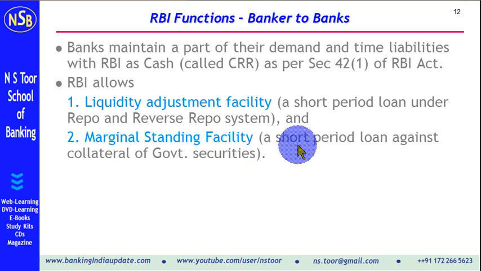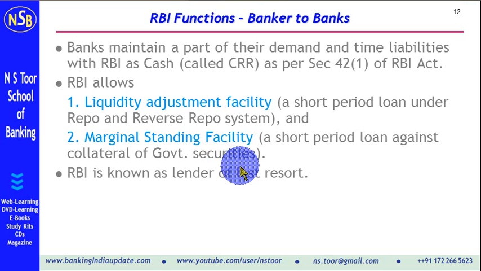So this also is a short period loan which is allowed by RBI to commercial banks against collateral of government securities. In this way, RBI is also known as lender of last resort.